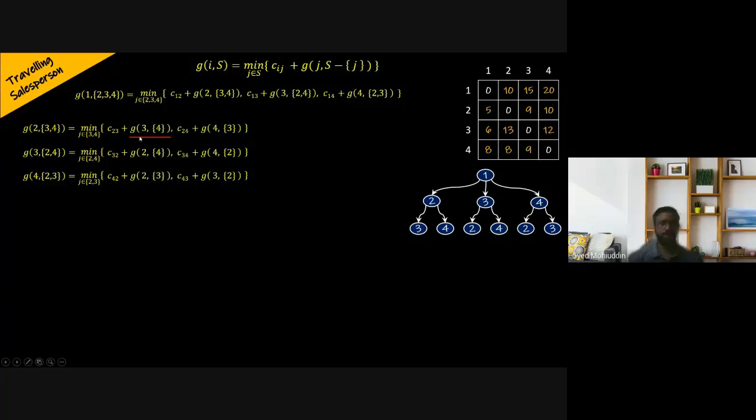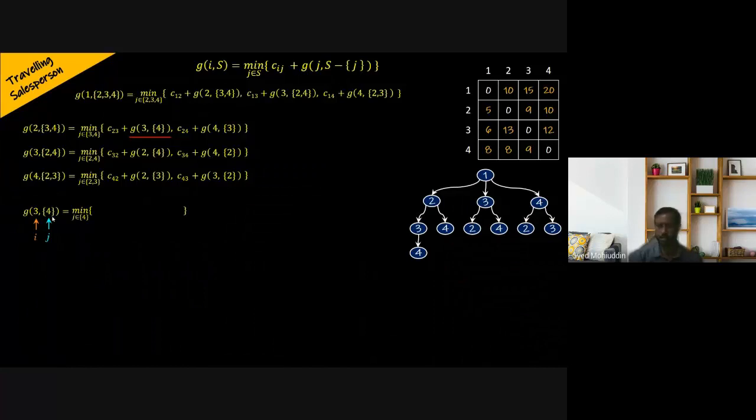And then now again we will compute, in a similar fashion, G of 3 comma 4. Now this 4 in the set says that we can move from 1 to 2, 2 to 3, then from 3 to 4. So I will be 3 and the set S will contain only one element now, 4.